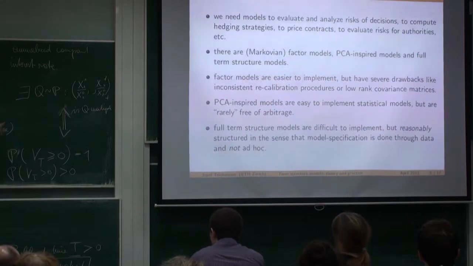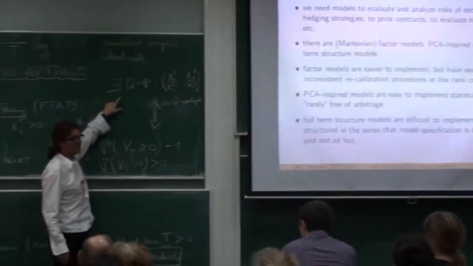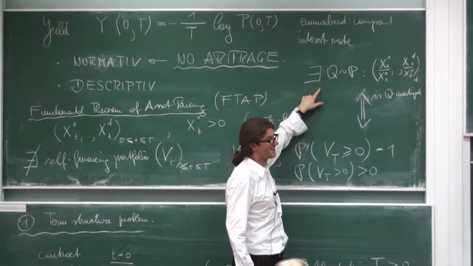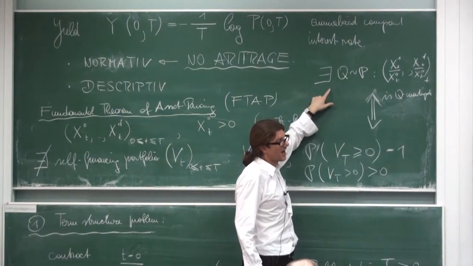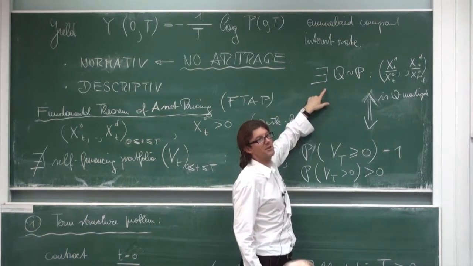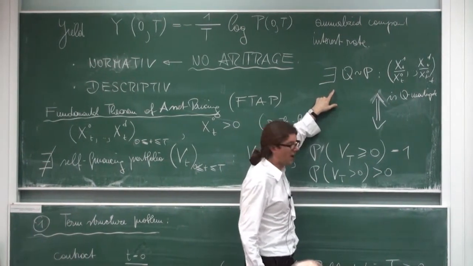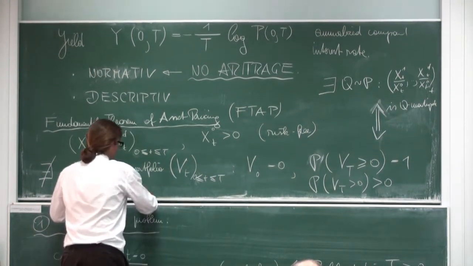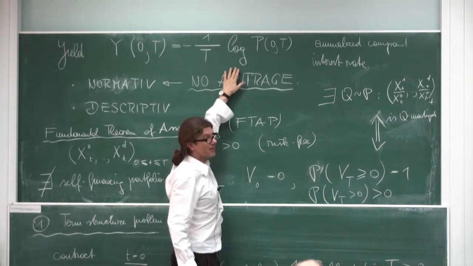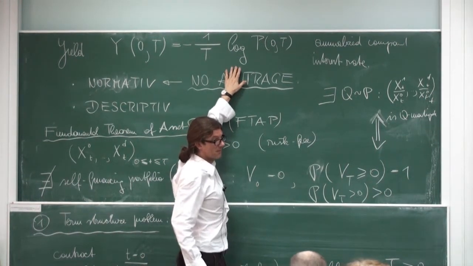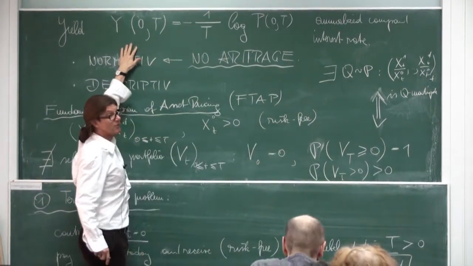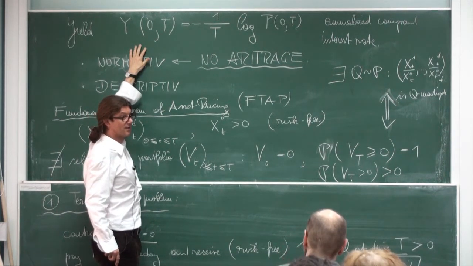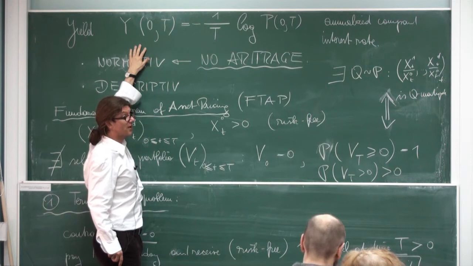So when you have a PCA-driven model, it is very natural that you have an arbitrage in that structure. Why is that? The reason is that you take a nonlinear transformation of data. Usually with PCA you easily manage to make that guy martingale. And then you take an exponent.